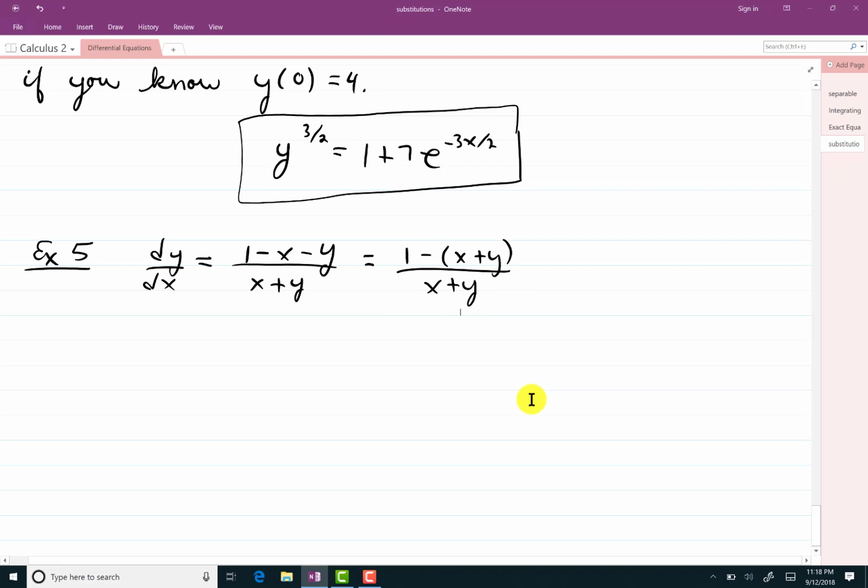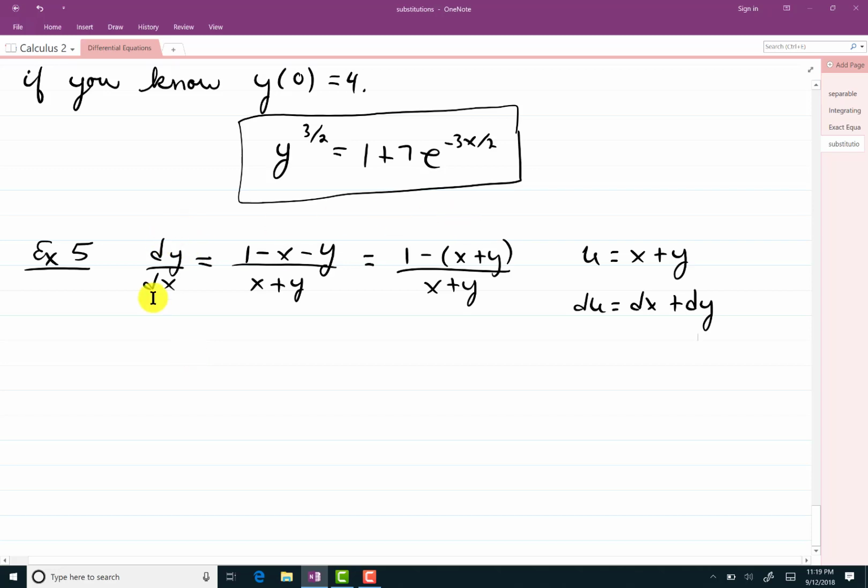I could work with that. So let's go ahead and let u equal x plus y. Then du is easy to find. That's dx plus dy. Now I'm going to substitute u in for x plus y, but I want to decide whether I want to replace dy or dx, and that's all going to depend on what's easier to do here. I don't want to just try to plug in dy or dx until I see which one's easier.